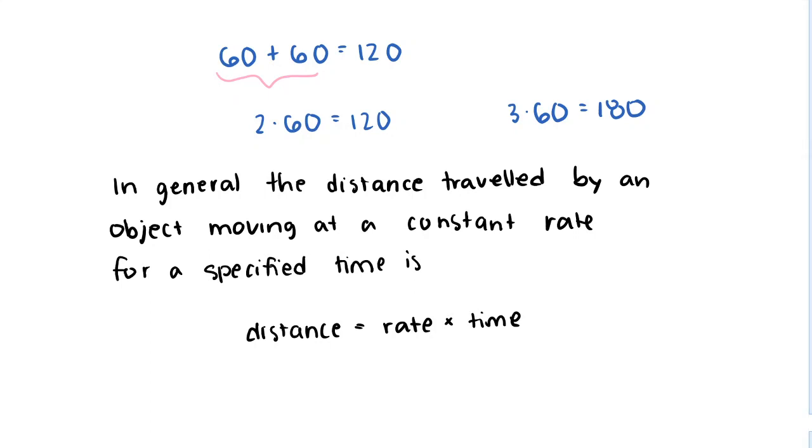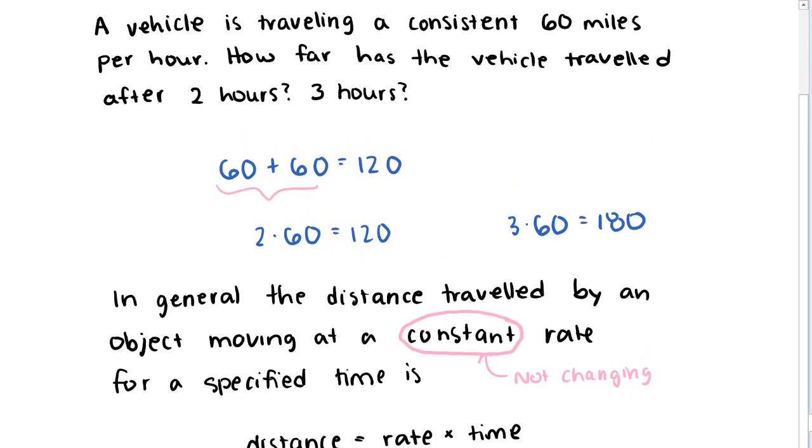And so here, let me expand on this idea of constant rate. Constant just means that it's not changing. Right, so in our above example, we said that this car was traveling at a consistent rate of 60 miles per hour. It's not really moving too far away from 60 miles per hour. So we can say that the distance traveled was 60 miles for each of those hours, right?